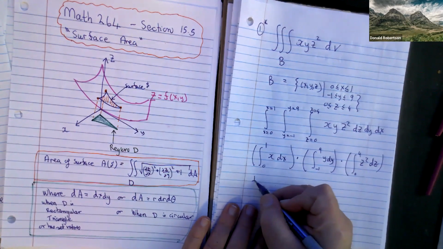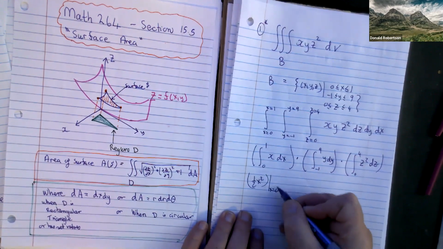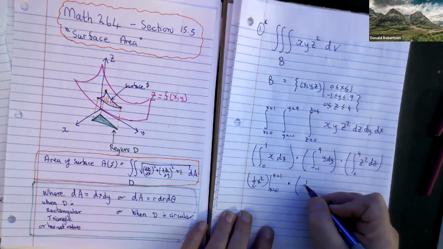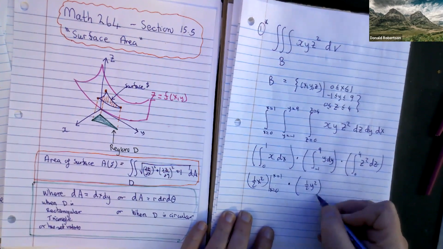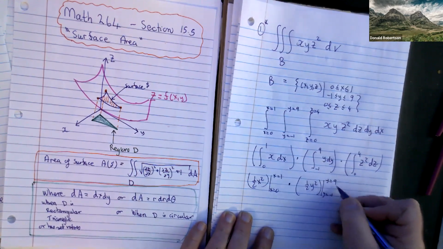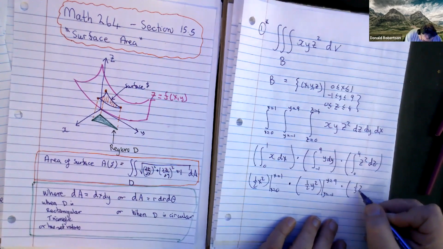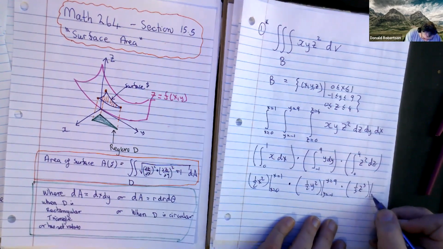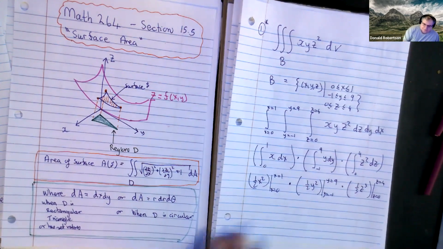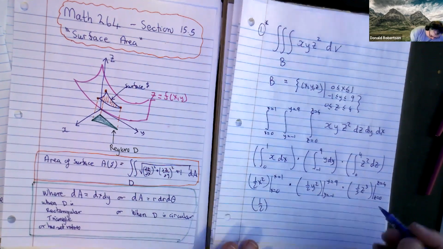So this guy is 1/2 x squared evaluated from 0 to 1. This guy is 1/2 y squared, evaluated from -1 to 9. And this guy is 1/3 z cubed, evaluated from z equals 0 to z equals 4. You plug this guy in, eventually you get a half.